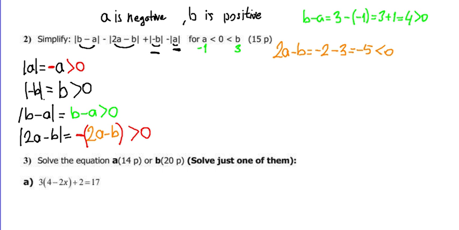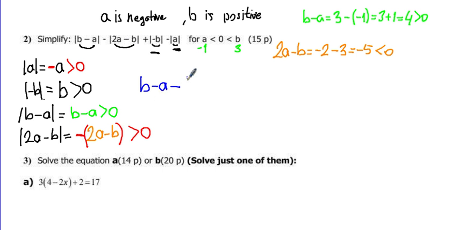What do I mean? First one is b minus a. So b minus a, it's b minus a. So I just write it as b minus a. Second, we have a minus sign between two modules, and we have 2a minus b, and it goes out as minus of 2a minus b.